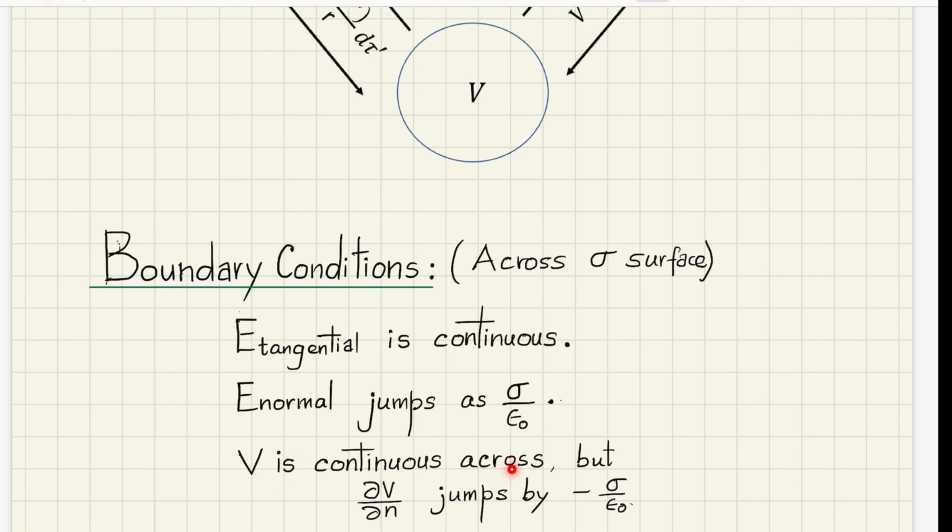And V is always continuous, but delta V by delta n, in the perpendicular direction, jumps by minus sigma by epsilon naught. So with that, I come to the end of chapter 2b, in which we have done the charge distribution, its relation to field, and from field to potential. Thank you.